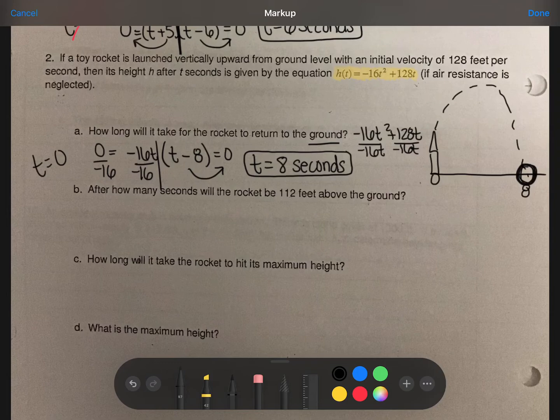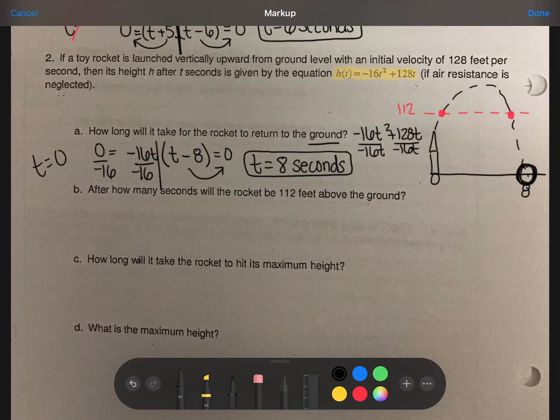Part B says, after how many seconds will the rocket be 112 feet above the ground? 112 feet, I'm just guesstimating, is about here. That means my rocket hits 112 feet on its way up, and it hits 112 feet on the way down. So how could I determine the time it takes to get to those two positions? Well, I can plug in my height at any given time.